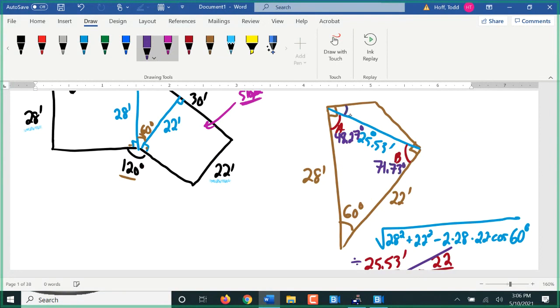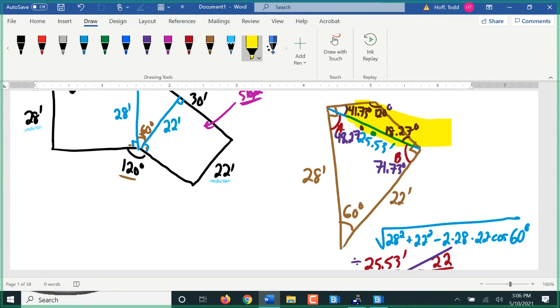I can find this angle up here, subtracting from 90, this will be 41.7 degrees. This, of course, is 120. This angle over here would have to be 18.7 degrees. Now we have all three angles of this triangle up here.